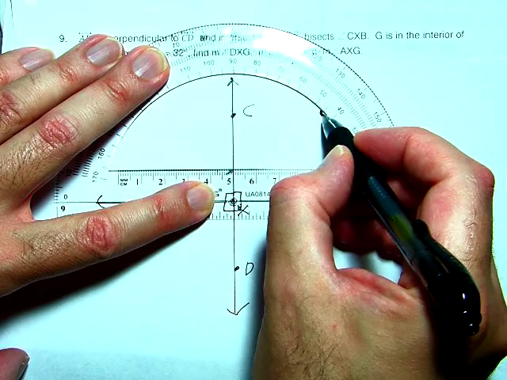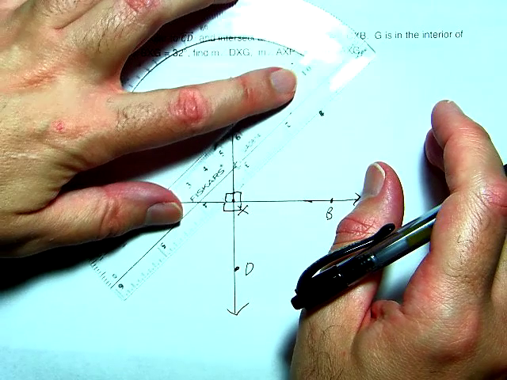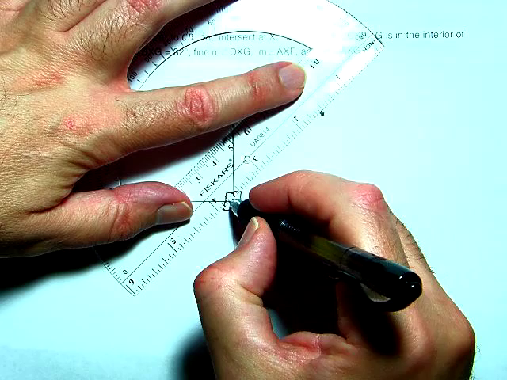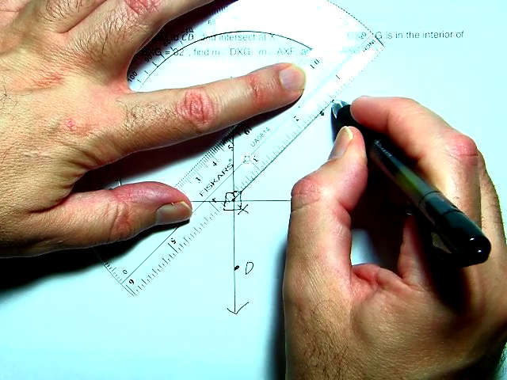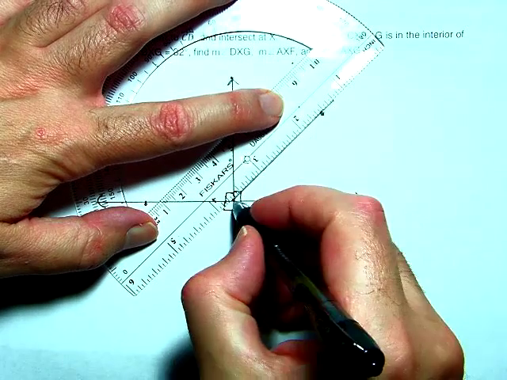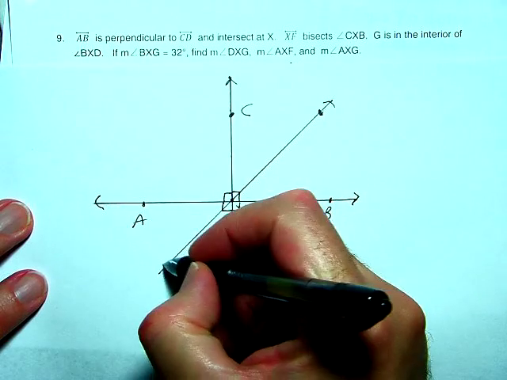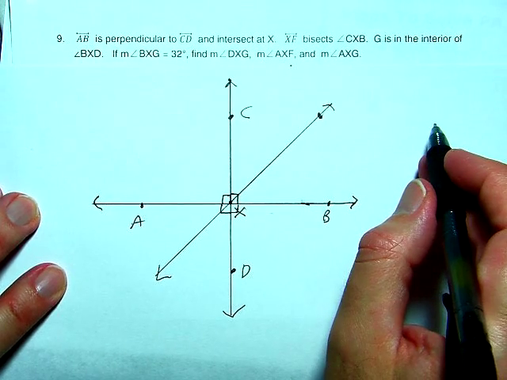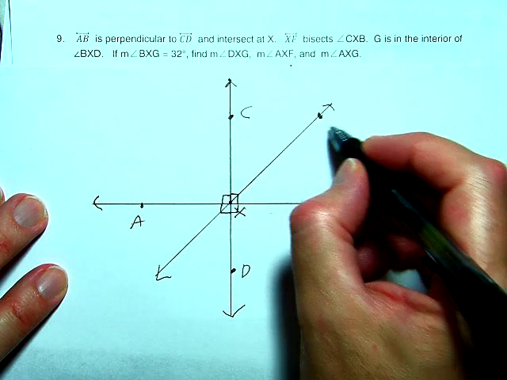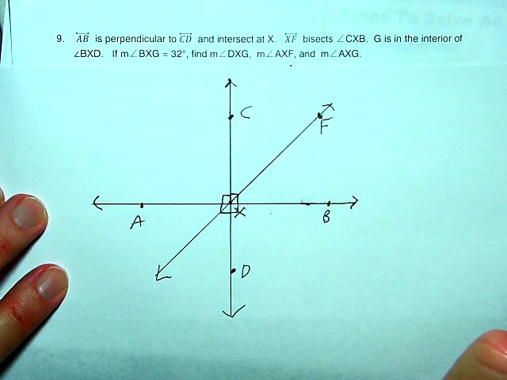Make ourselves a point just about there, and let's join these points in a line. Okay. And XF, we'll call this F, bisects angle CXB.